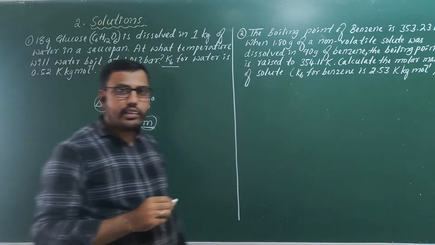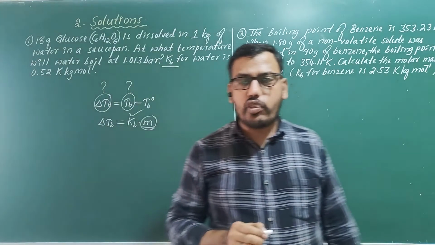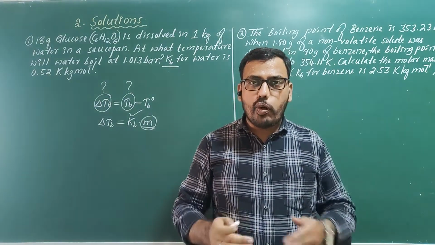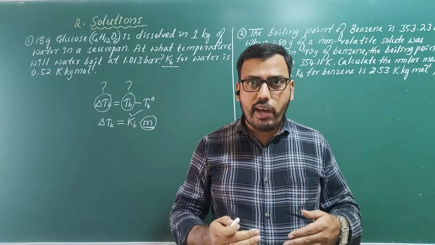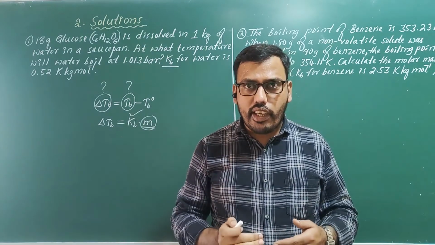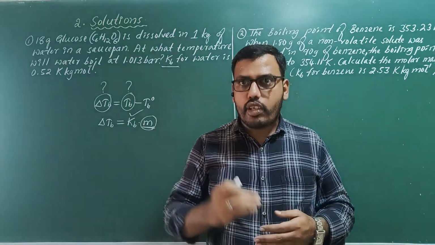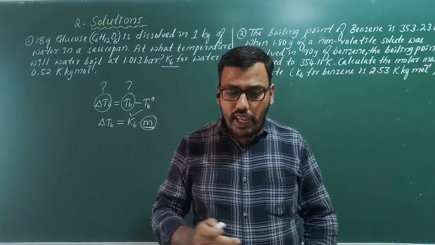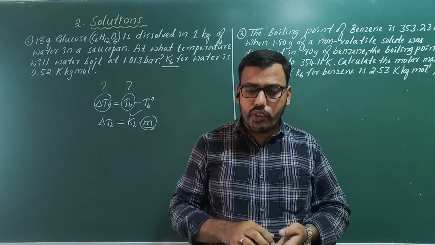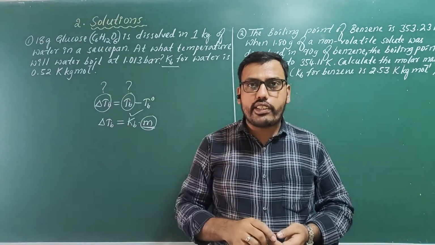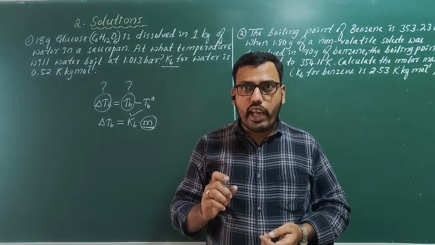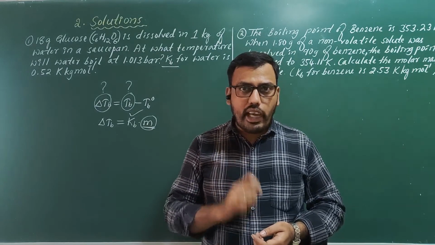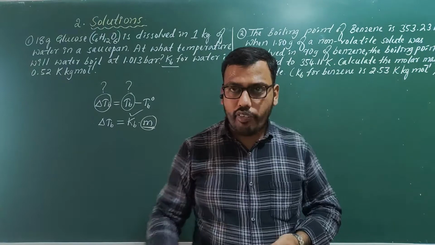What is molality? Number of moles of solute present in 1 kg of solvent, so moles of the solute divided by mass of solvent in kg. First we will find out molality, then we will substitute and calculate the delta TB value. After calculation of delta TB, we will go for TB calculation, that is the boiling point of solution.